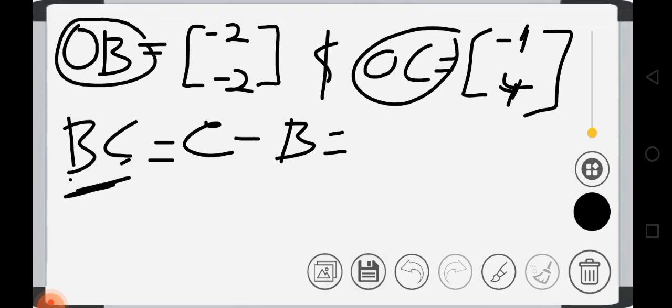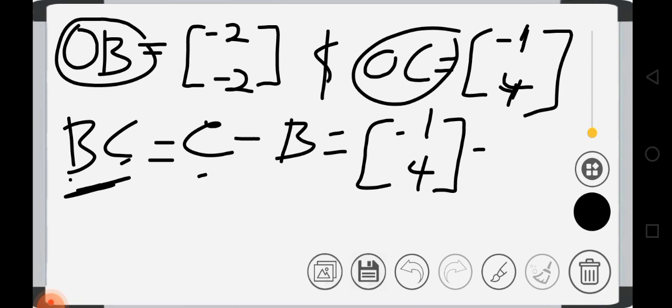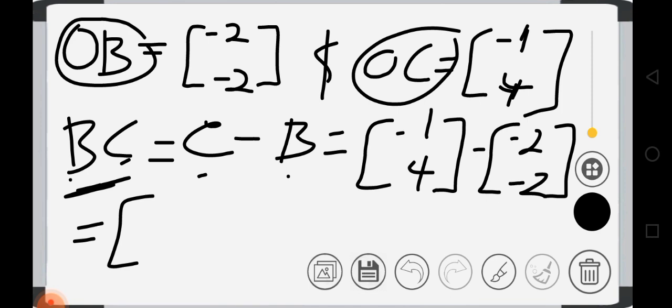That'll be equal to C, which is minus 1 and 4, minus B, which is minus 2, minus 2. So that'll give us minus 1 minus minus 2. Minus minus will give us plus 2.